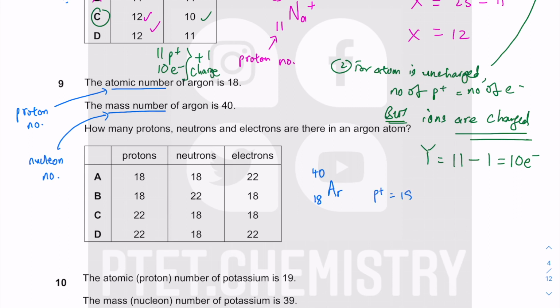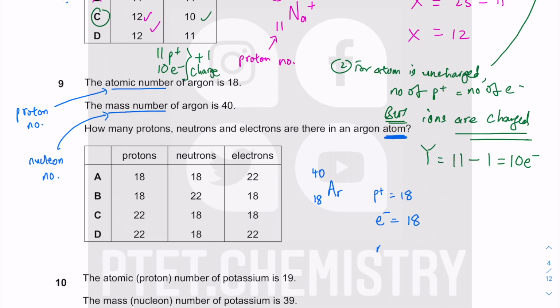Number of protons is going to be given by atomic number or proton number. Number of electrons: you see this word here, atom. Going back to what I said, an atom is uncharged. Number of protons equals number of electrons. If you have 18 protons, because that's the identity of argon, you must have 18 electrons, because +1, 18 of them, must be balanced by -1, 18 of them, for the overall atom of argon to be uncharged.